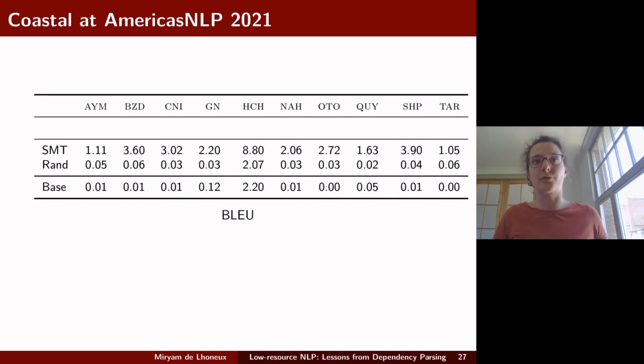Of course, the scores are still very low, but they're not that much lower than the best system, which was submitted by Helsinki. It is lower, but for some languages it is surprisingly close, given that, I will remind you, we used white space tokenization and a phrase-based model, which are really expected to perform poorly.